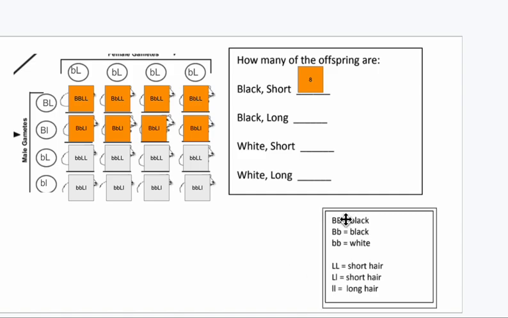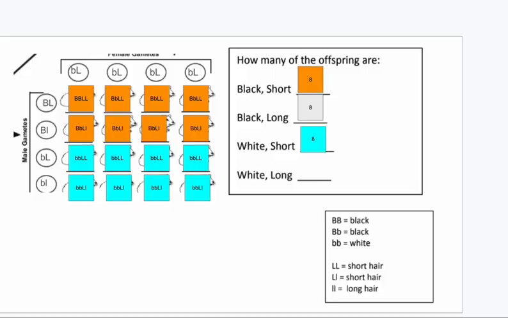We've still got our dominant allele here and our recessive allele here. There are 0 of those. Same thing for the white and short. We need to find homozygous recessive for fur color and heterozygous or homozygous dominant for hair length. And we have 8 of those. And then we have none left, so that means we have 0 that are white with long fur.